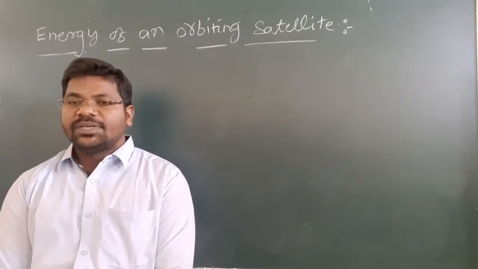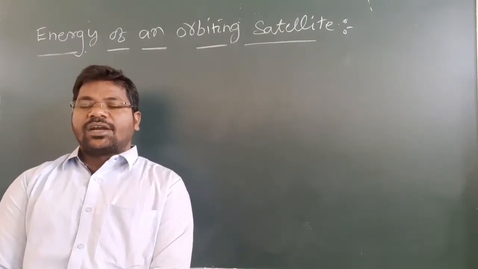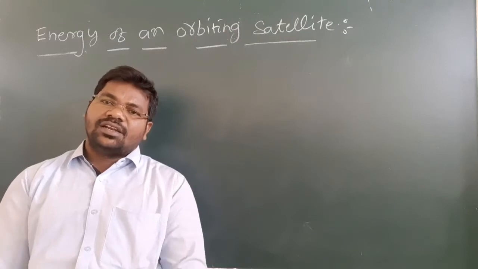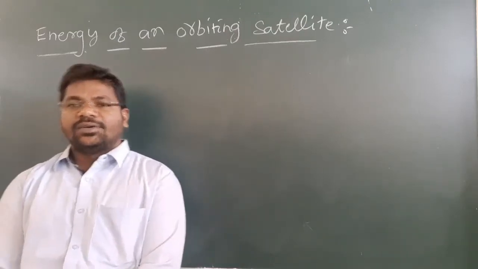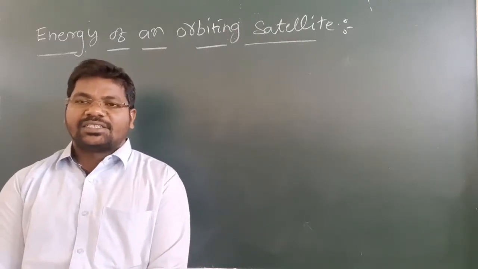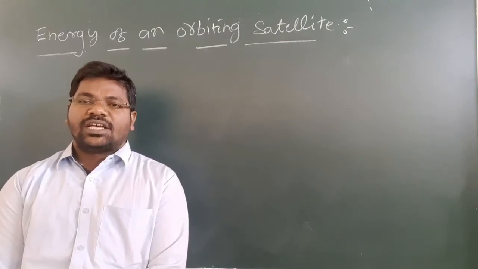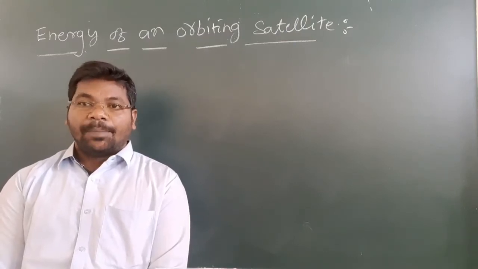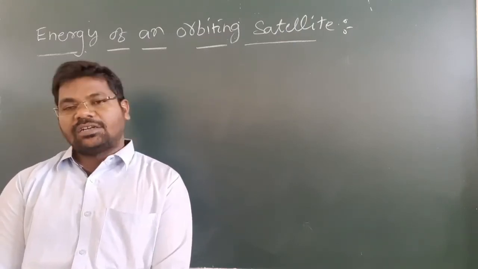Orbit means that around the sun and around the earth, some satellites move in a circular path. That path is called orbit.